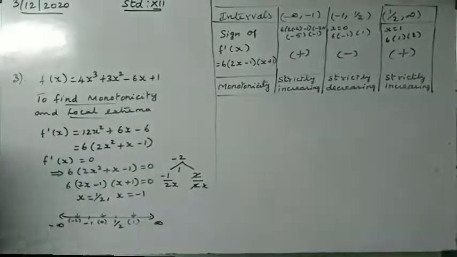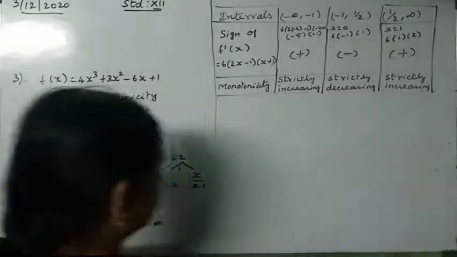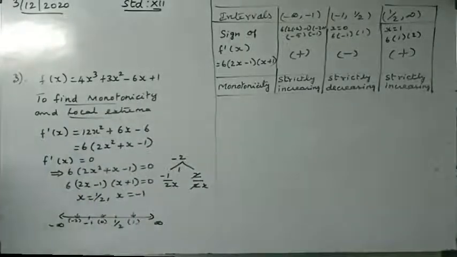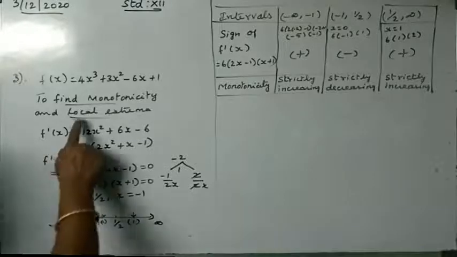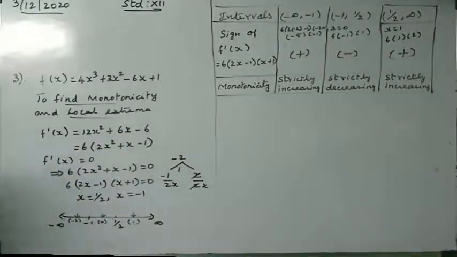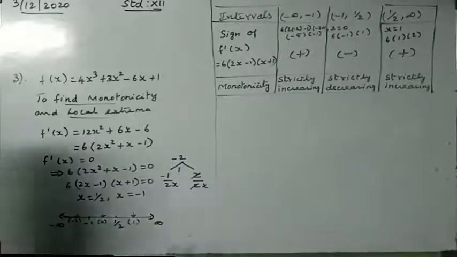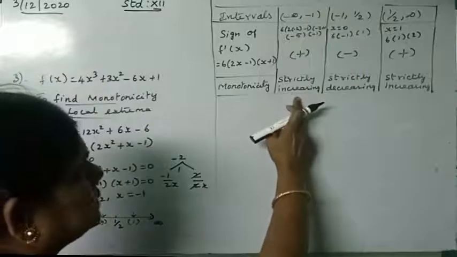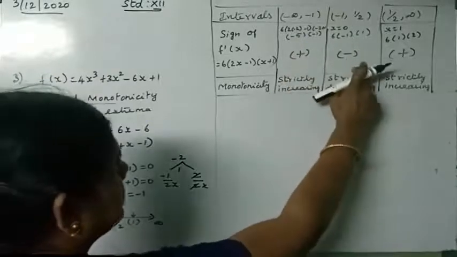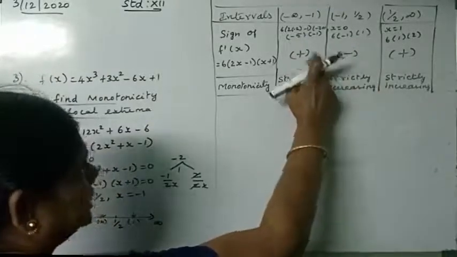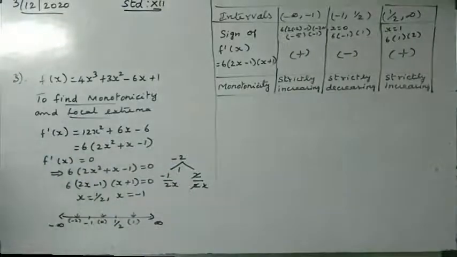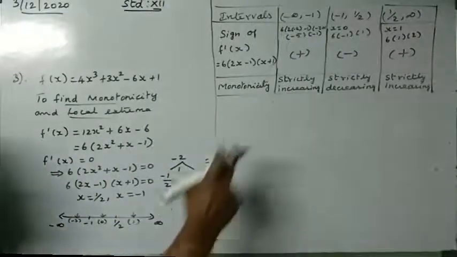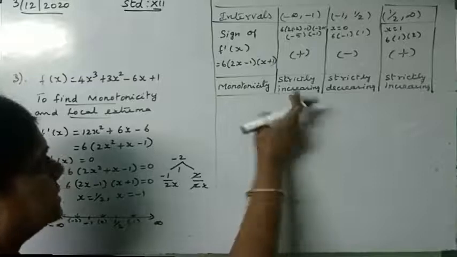So the first part is over, we have found the monotonicity, strictly increasing or decreasing. Now we want to find the local extrema, whether it attains its maximum or minimum. When x is equal to minus 1, the curve changes from increasing to decreasing, from positive to negative sign. There is a change in f dash of x, so it attains its local maximum.